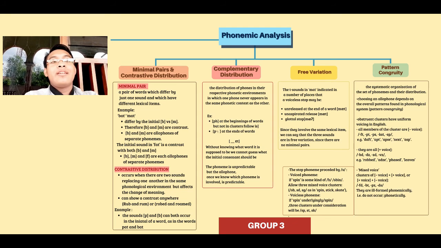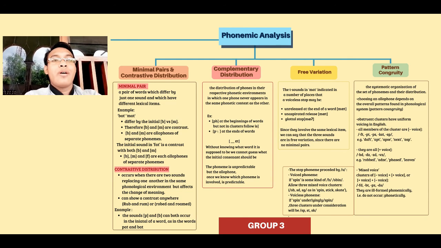One thing that you also have to know is about the stop phoneme preceded by S. There are two kinds. The first one is voiced phoneme in the word spin. If spin is some kind of spin that allows mixed voicing clusters, as in SP, spin, SD, stick, or SG, skate.